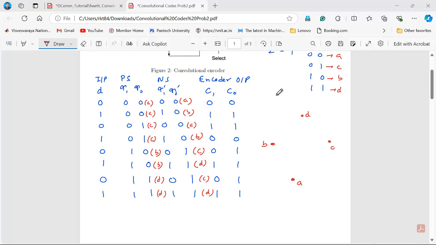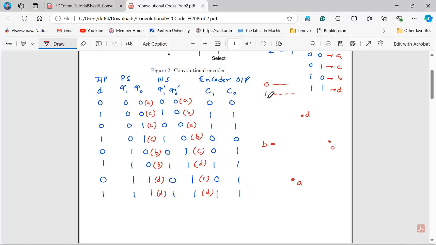Suppose 0 is represented by a solid line and 1 is represented by a dashed line. You can use a different notation also, when writing input and output, writing input first then an oblique and then output. In that case you can use solid lines only, but for the trellis diagram this convention is very useful and commonly used. That's why we are representing it this way. So now see how we can draw it.